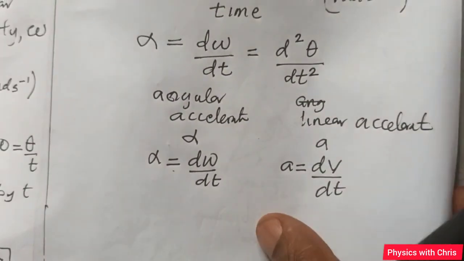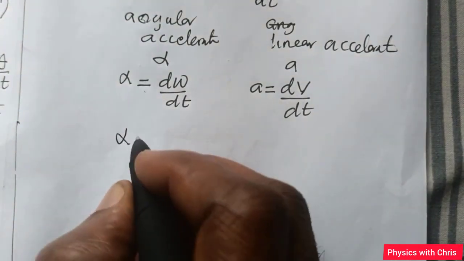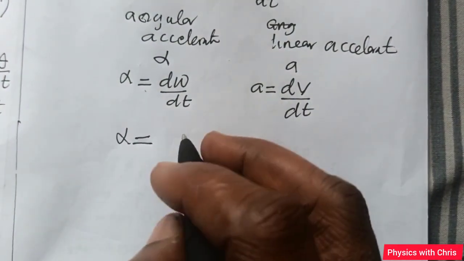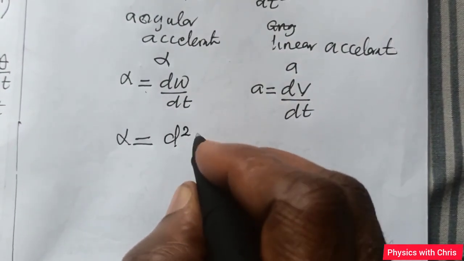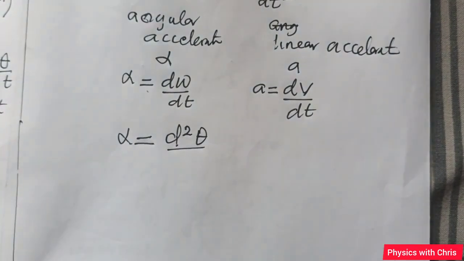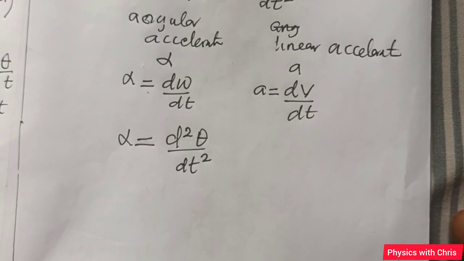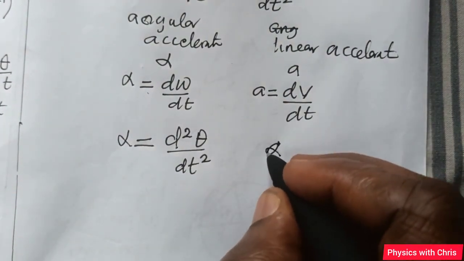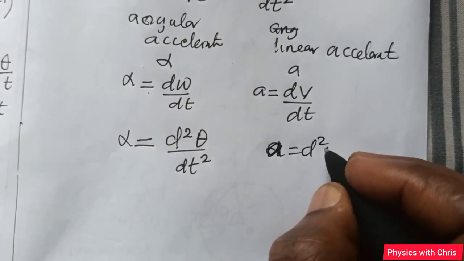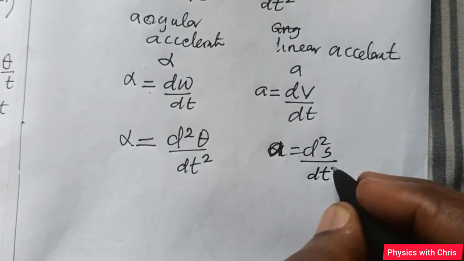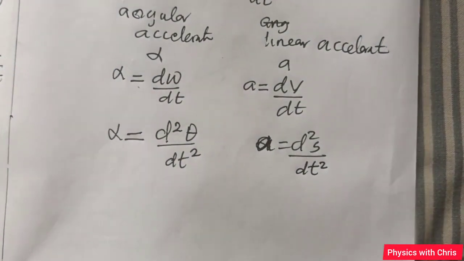We also know that angular acceleration is given by d squared theta over dt squared, while this is given as d squared x over dt squared in calculus notation.